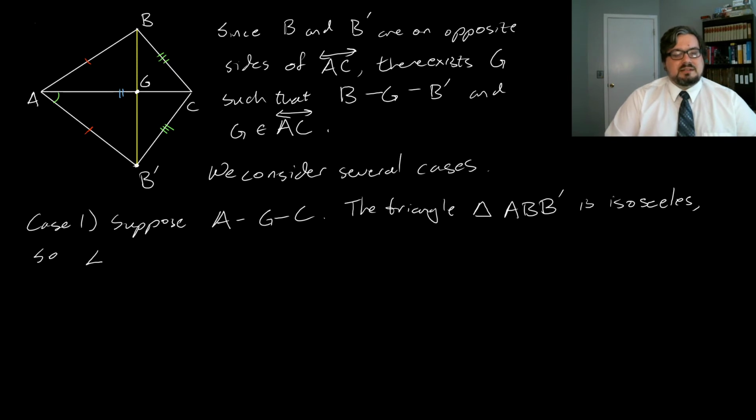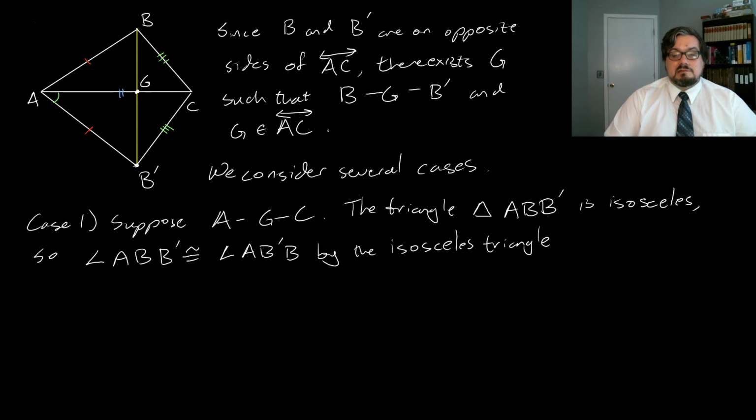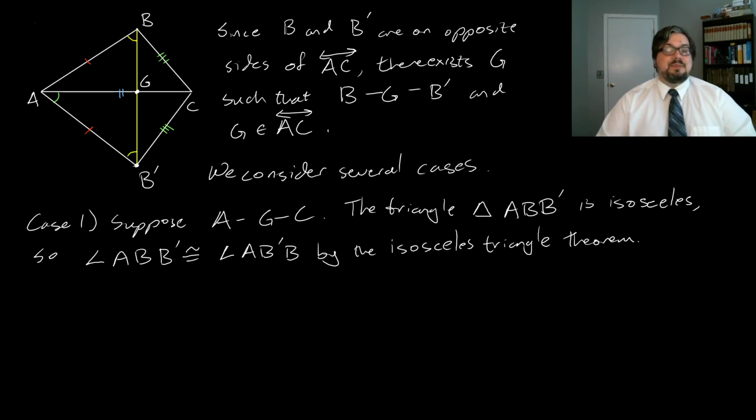So that means that the angle ABB prime is congruent to the angle AB prime B by the Isosceles Triangle theorem. So that gives us an angle, let me use yellow, ABB prime is congruent to AB prime B. We can do, of course, the same thing on the other side.